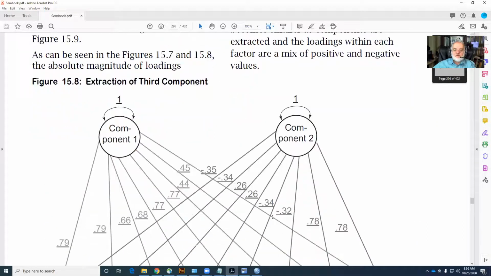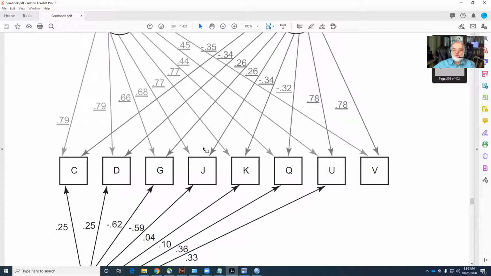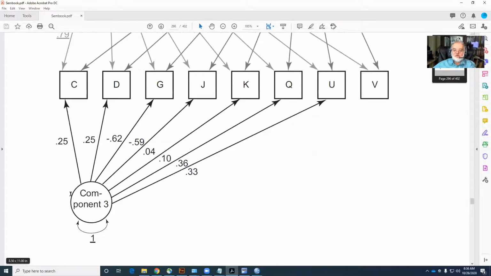So if I carry this process forward and extract 3 unrotated solutions, it's the same thing. I fix all the numbers for component 1, I fix all the numbers for component 2. That gives me a predicted correlation matrix. And the residual matrix then is what I use to extract component 3.